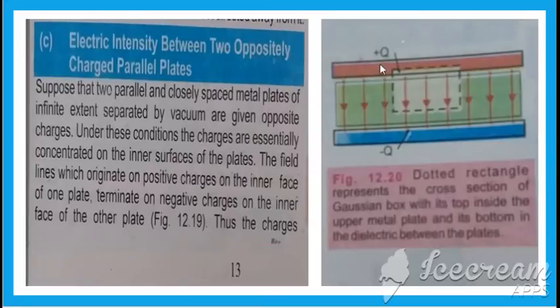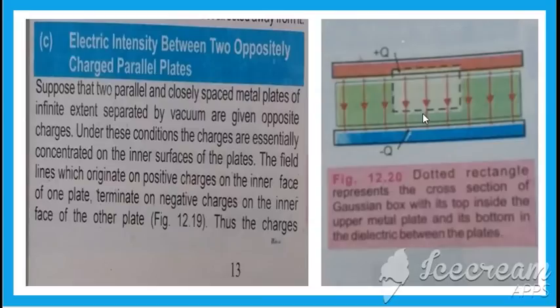Here you can see that the field lines are parallel to the vertical sides of the box, so there is no electric flux through the vertical sides. Also, there is no flux through the side which is inside the positively charged plate. The electric field lines are normal, at right angles, to the bottom face of this Gaussian surface.